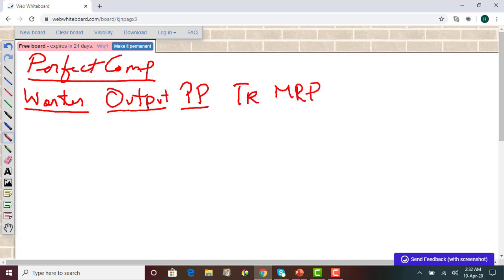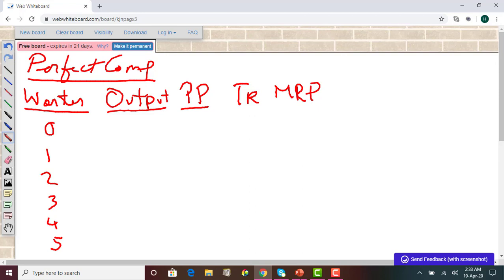So let's look at this from the beginning. Let's say worker is 0, 1, 2, 3, 4, 5. Let's say this firm under the perfectly competitive market structure will only hire up to 5 workers. They will not hire more than 5 workers, just as an assumption.